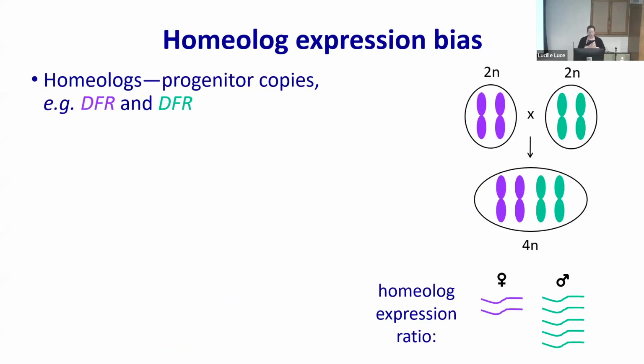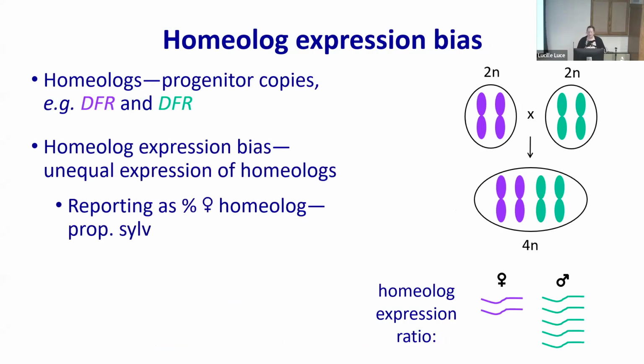So when we have allopolyploids, we have homologs, two different progenitor copies inside our genome. And so, for example, DFR, which is one of our genes in our pathway, will have a maternal copy and a paternal copy here in purple and teal. And we can have either equal homolog expression, where there's equal expression from both of these copies, or we could have unequal expression, and then we call that homolog expression bias.